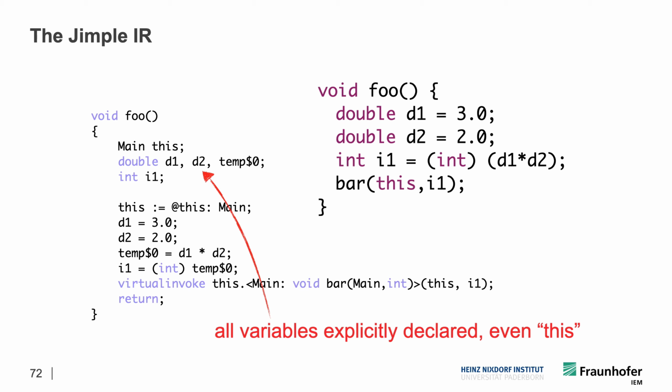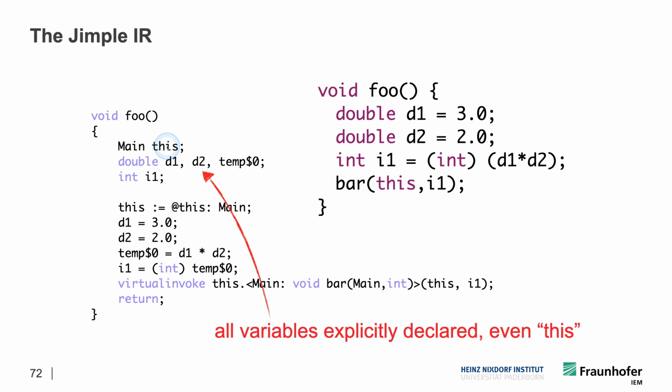You will also see that all variables are really explicitly declared. There's even this special variable called this, which is the local variable that we will later use to represent the this object that always implicitly exists in instance methods in Java.